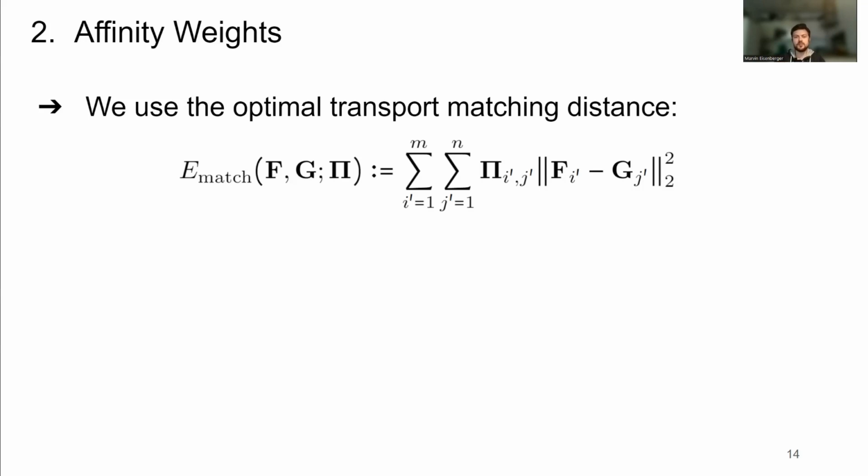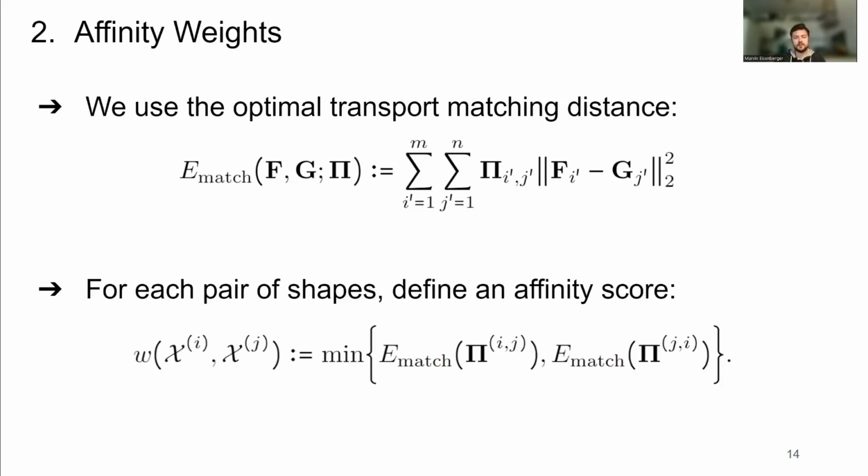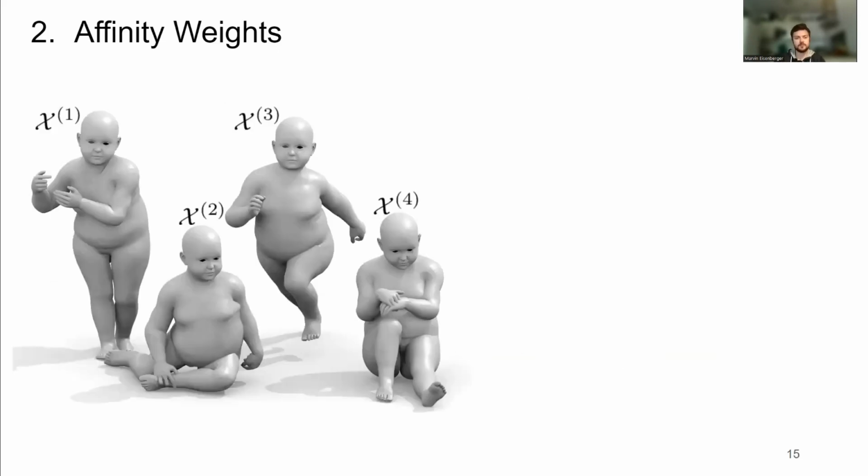And instead, as a heuristic, we use the closeness of the pairwise putative matches as a signal that tells us how close the two poses are, with the rationale that a low matching score, a low matching energy, tells us that the poses are very close to each other. Using this information, we then define a symmetrized version of this energy as our final affinity scores between two given pairs, so that we, in the end, have an edge-weighted but an undirected graph.